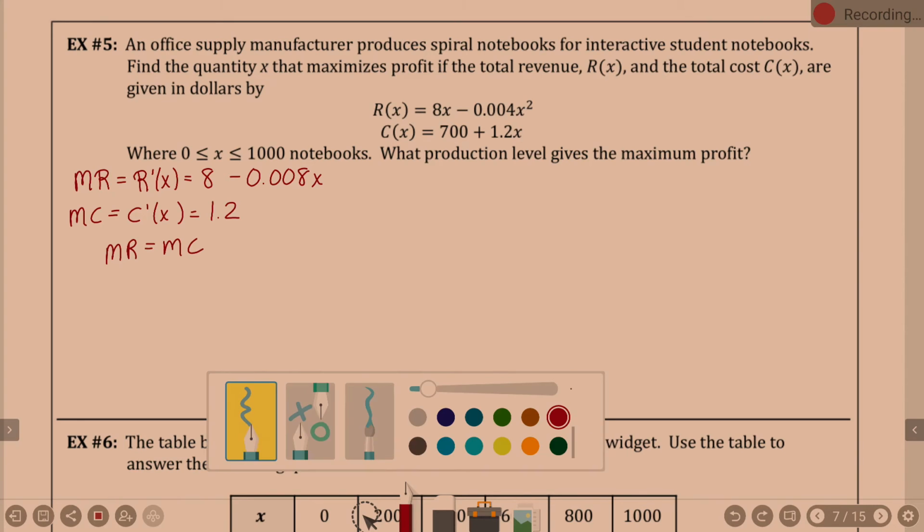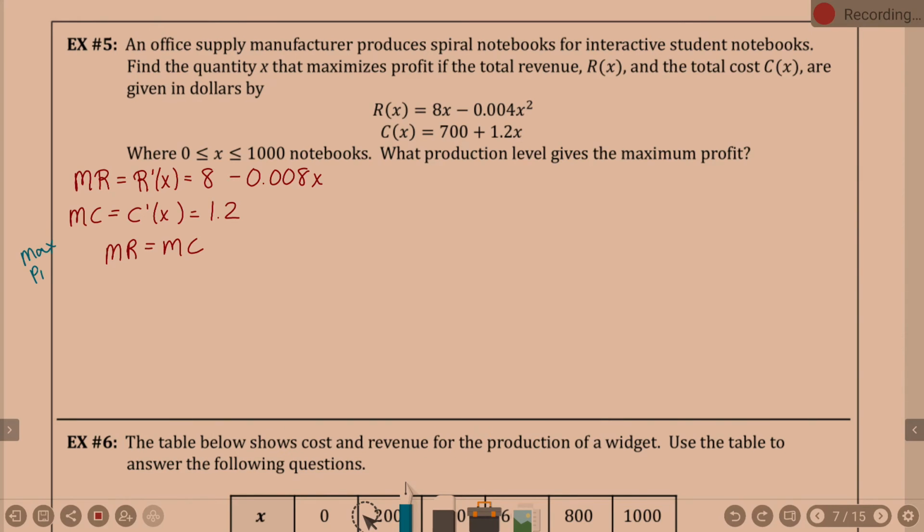That is your max profit, it is going to happen at that point. So set your equations equal to each other. 8 minus 0.008x equals 1.2. I'm going to keep the negative 0.008x. 1.2 minus 8 is going to be negative 6.8 if I've done my math right.